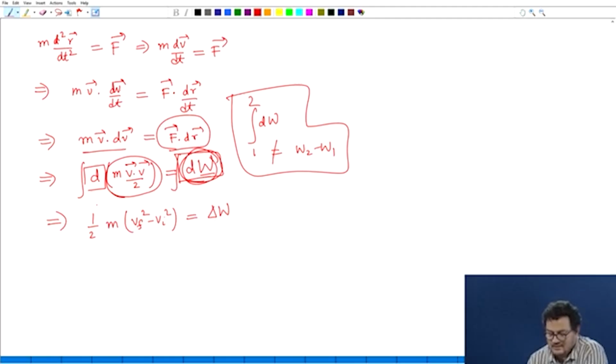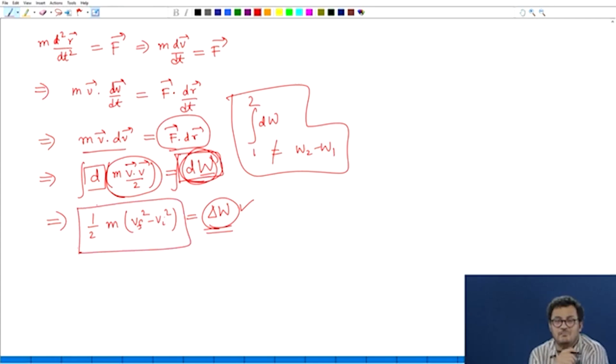Then I can say that the work done during this process, while this particle is moving from velocity Vi to velocity Vf, if the work done in this process is given by delta W, then that will be exactly equal to the change in kinetic energy of the particle.